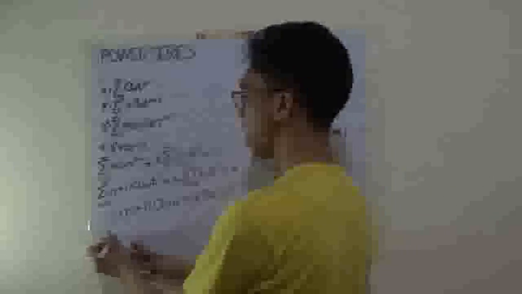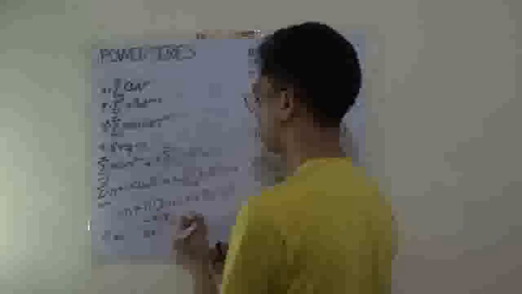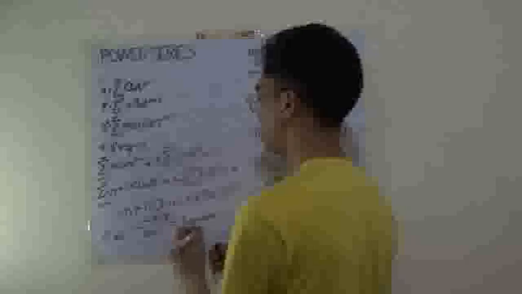And from this expression, we can now have our recursion relation. Having this, a sub n plus 1 is equal to negative 2 a sub n over n plus 1. Using simple algebra, we have come up with our recursion relation.